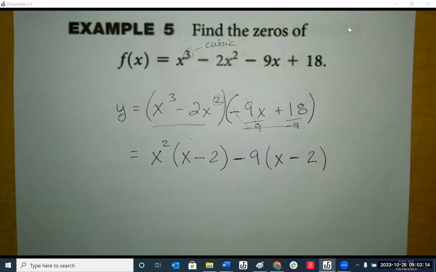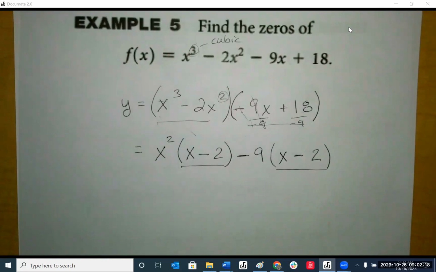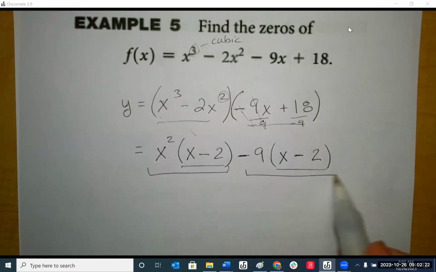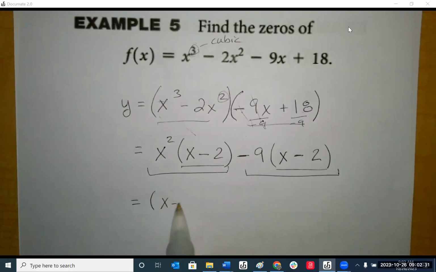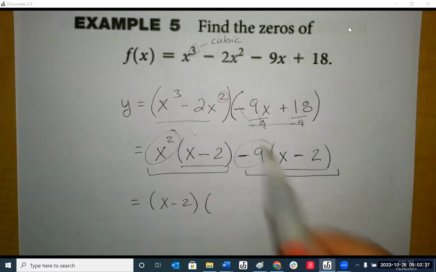This is what we're looking for. Both of these have the same thing in common, right? We have this term out in front and the second term here. What do they both have in common? In the second parenthesis, put the coefficients of those parentheses. So x squared minus 9.